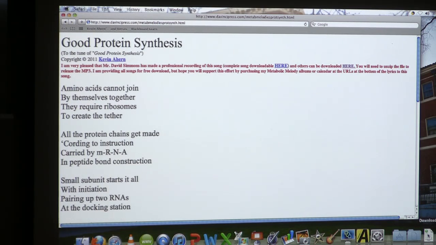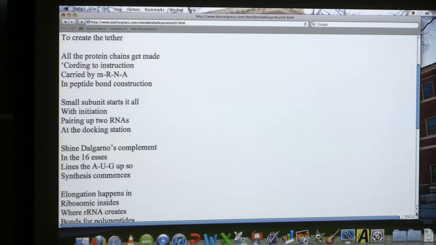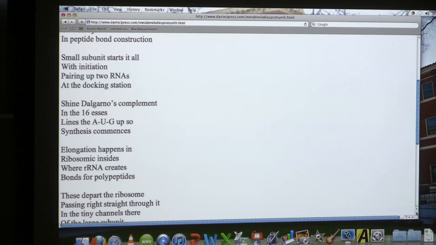Amino acids cannot join by themselves together. They require ribosomes to create the tether. All the protein chains get made according to instruction, carried by mRNA and peptide bond construction. Small subunit starts it all with initiation, pairing up to RNAs at the docking station. Shine-Dalgarno's complement in the 16S lines the AUG up so synthesis commences.